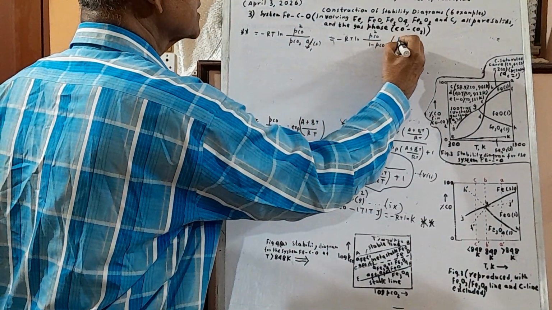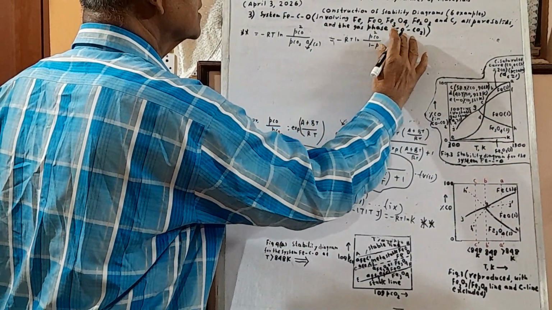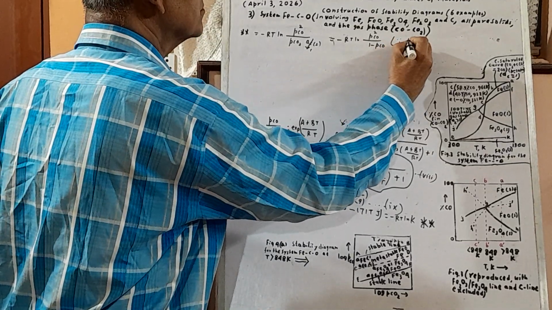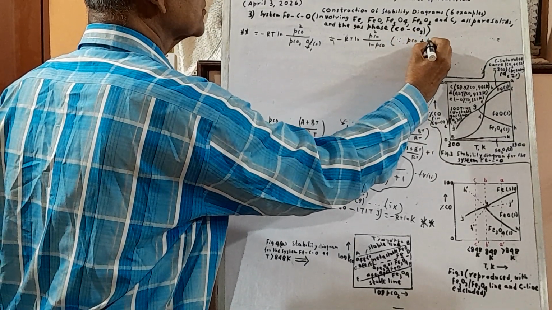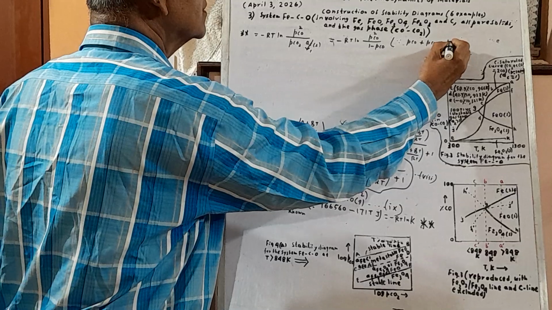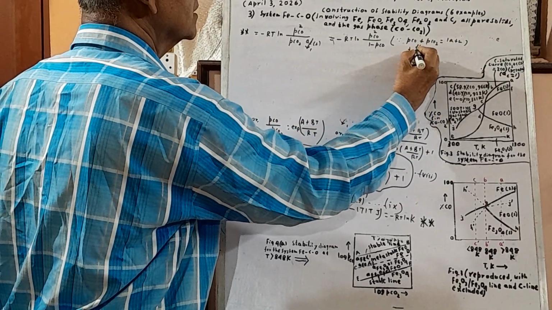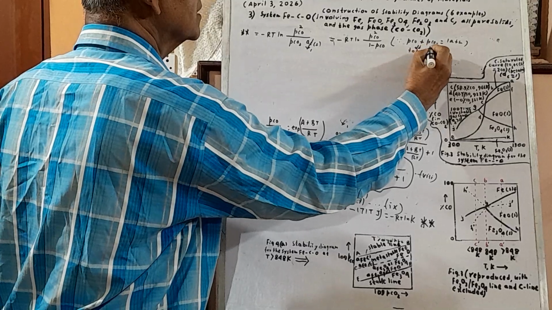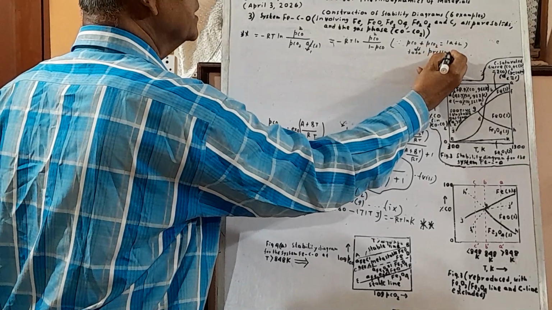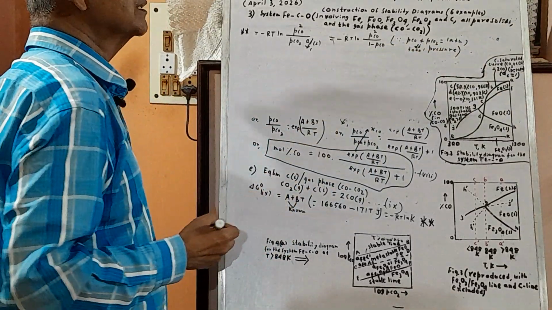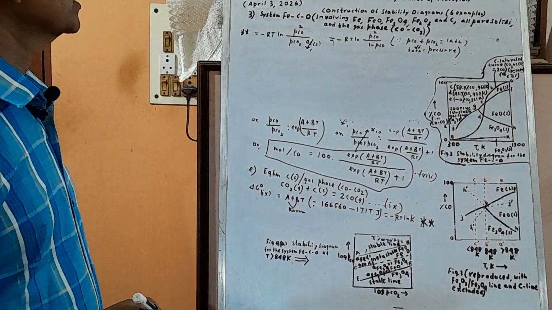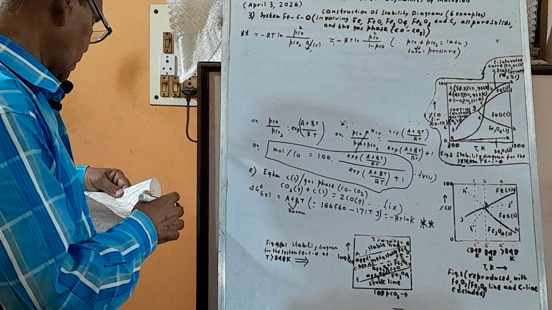Because PCO plus PCO2 is 1, the total pressure. So this diagram is meant for 1 atmosphere total pressure.